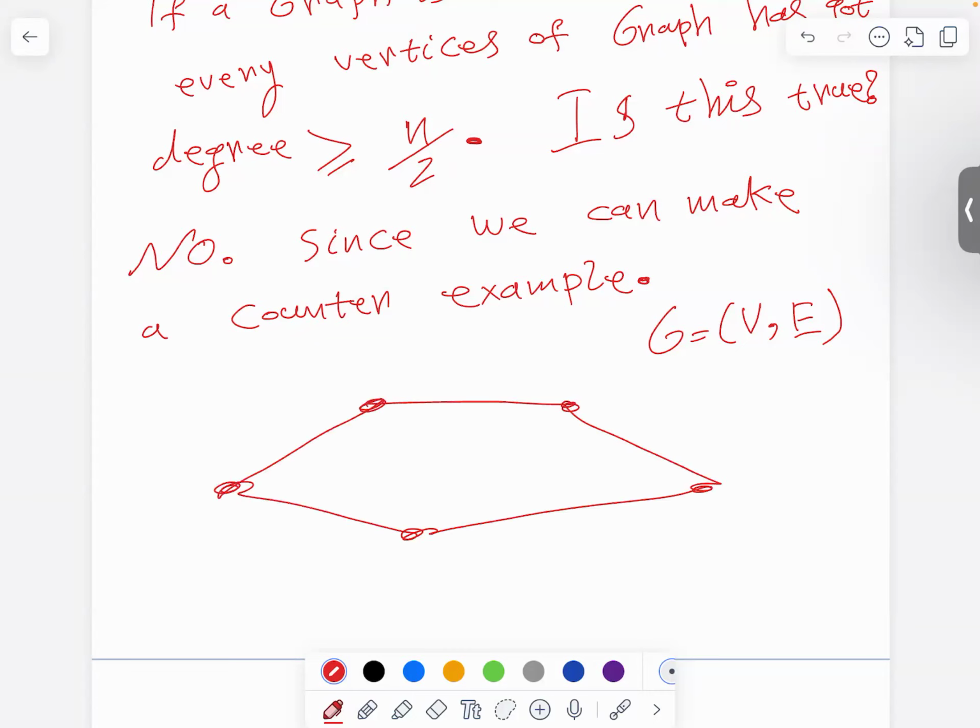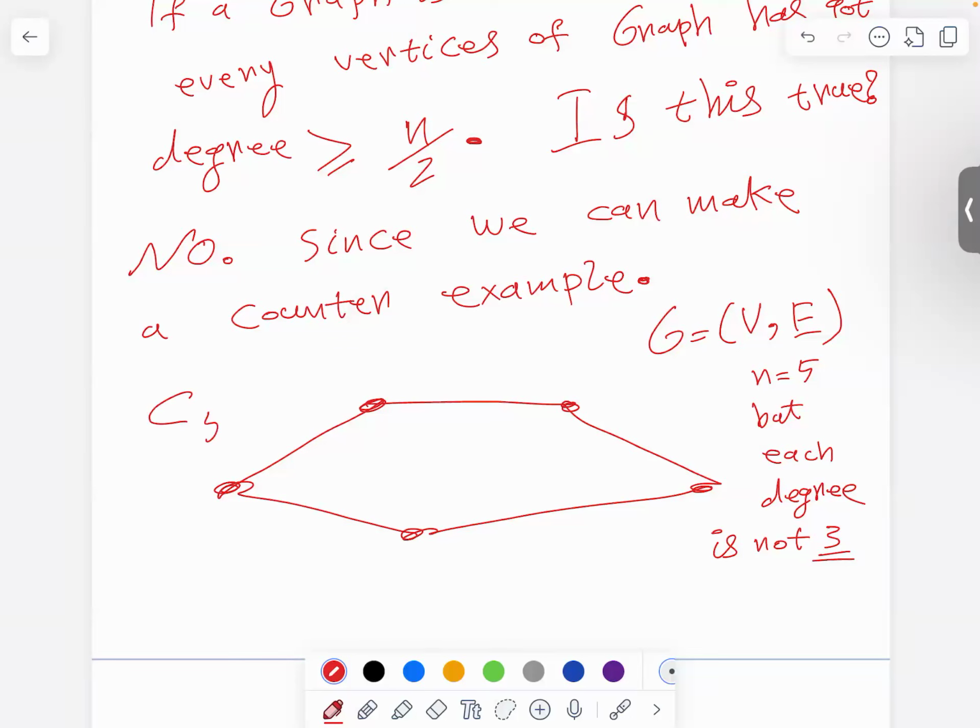Okay, so this is n equal to 5, but each degree is not 3. There is at least one vertex whose degree is less than 3.